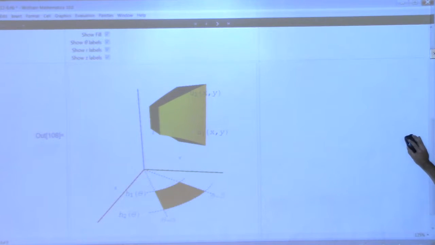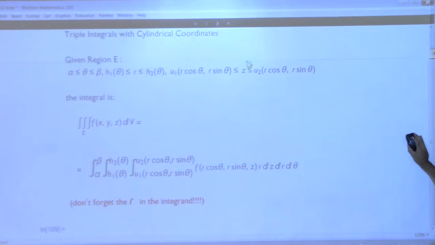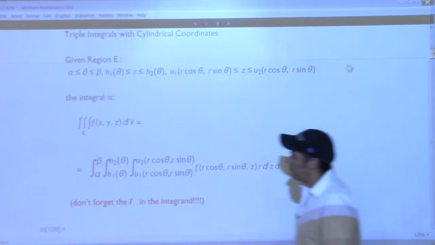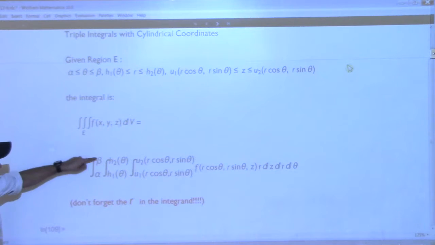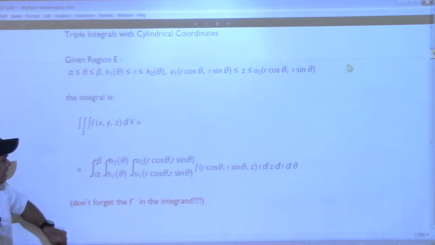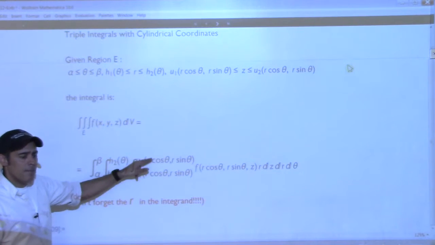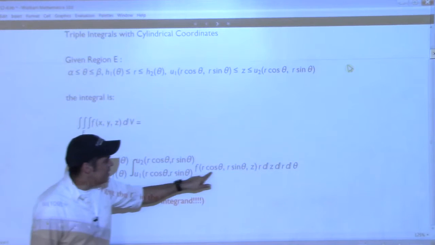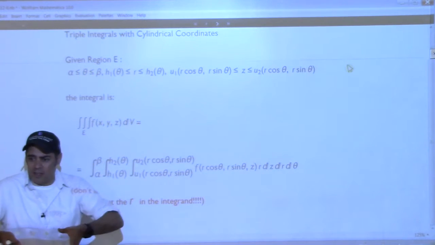Okay, so let's see what the triple integral looks like. The triple integral will have to be set up in the correct order. Your outer integral is going to go from alpha to beta. Your middle integral is the functions of theta. And then your inner integral are your two surfaces. And then this piece right here is the function we're integrating, which, remember, E is only the solid, right?